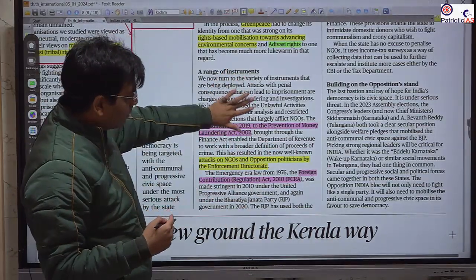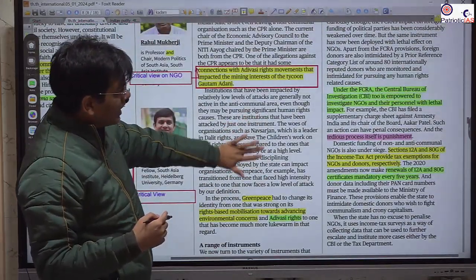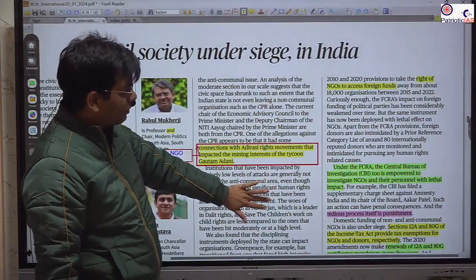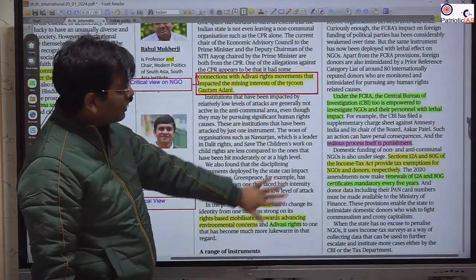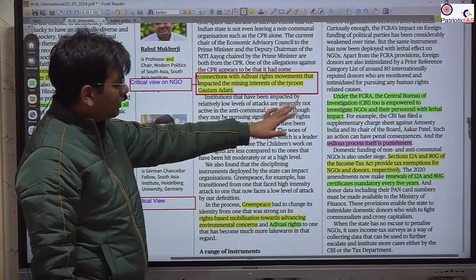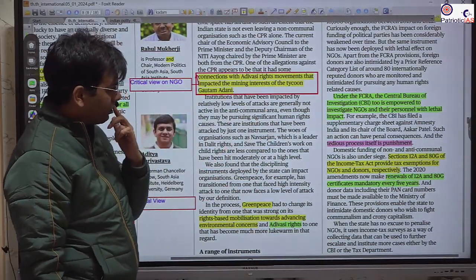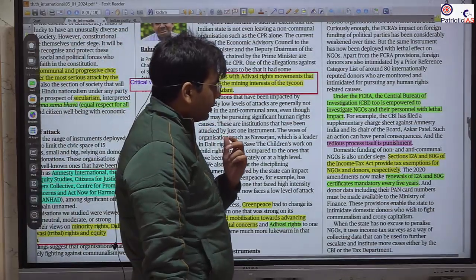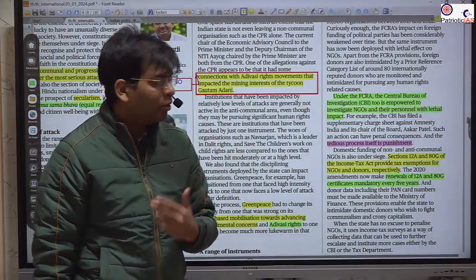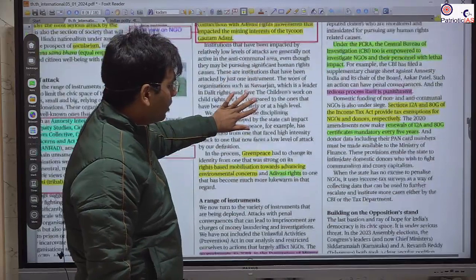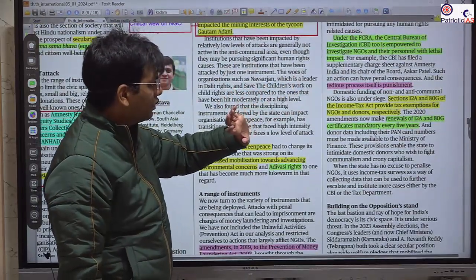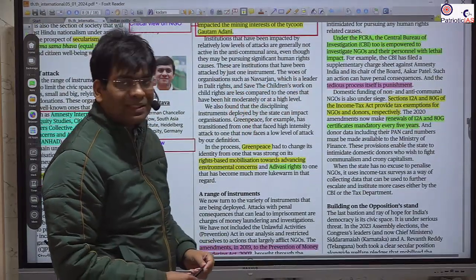The CBI has got more power with respect to this amendment, so now even the CBI can investigate cases of misappropriation by an NGO, or any act with a lethal impact on the state or society.